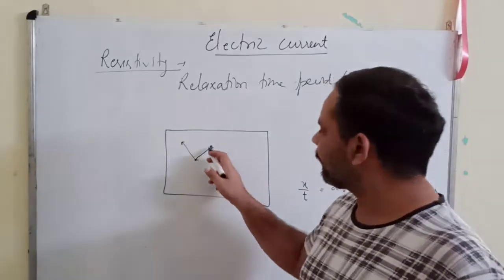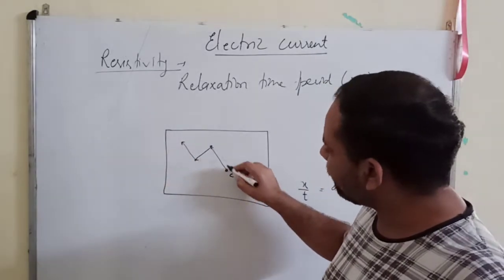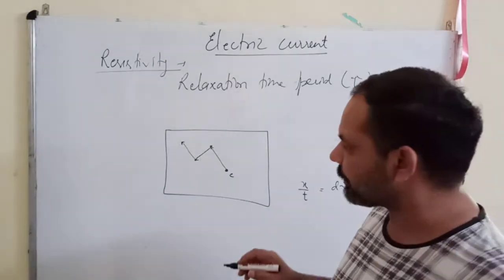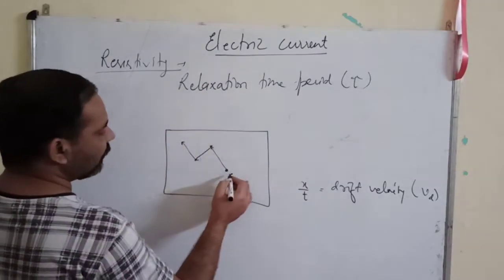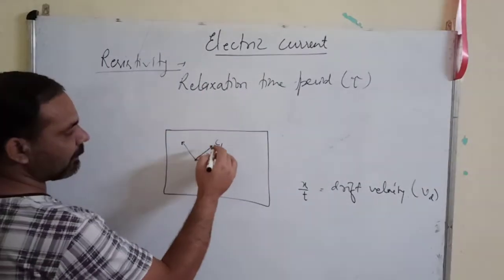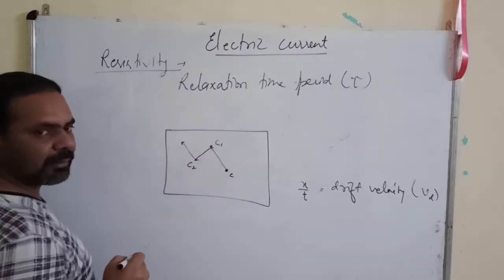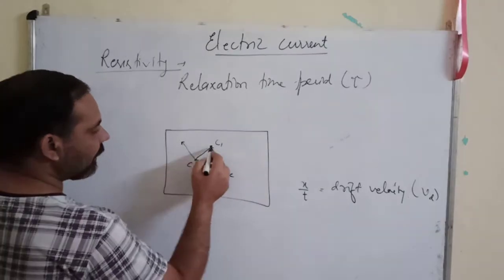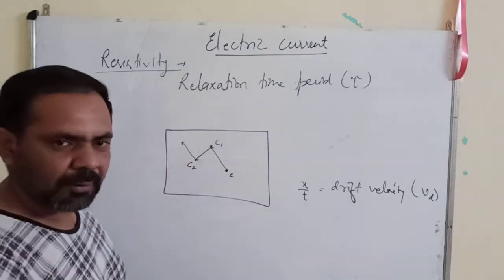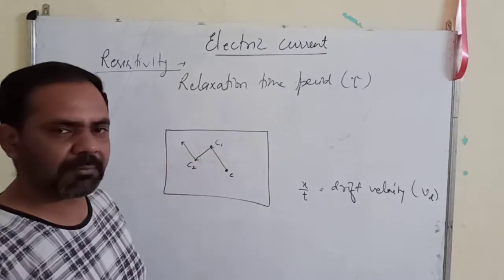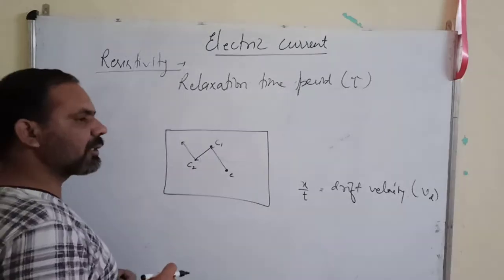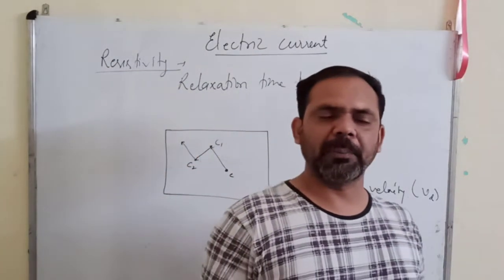So consider the time period between two successive collisions. Suppose this was collision number 1 here, and then this was collision number 2. So this is the time period between two successive collisions. Now, how many collisions will an electron suffer? An infinite number.